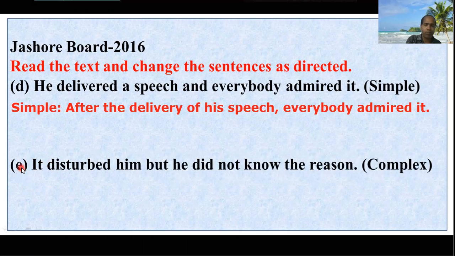Question E. It disturbed him, but he did not know the reason. Complex. Question: is the sentence compound or simple?